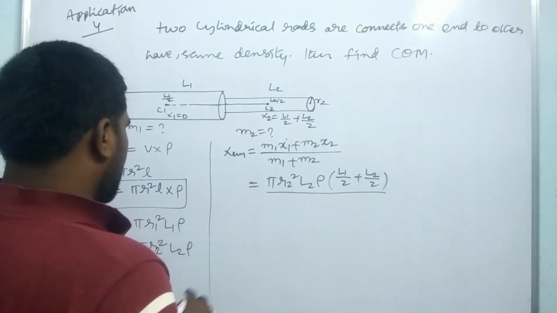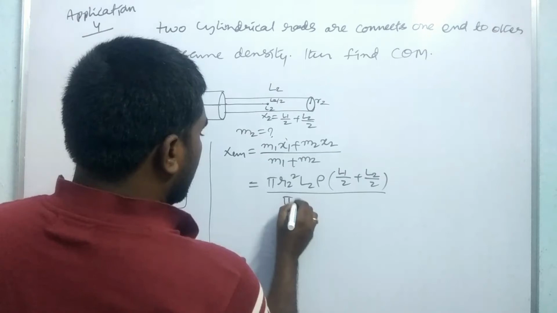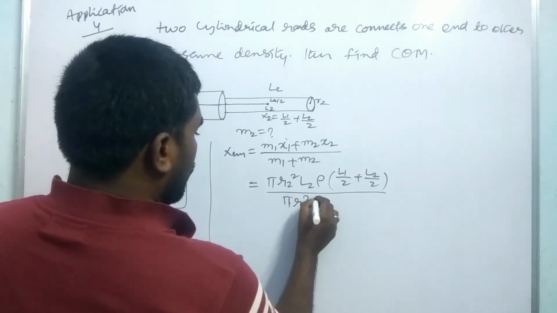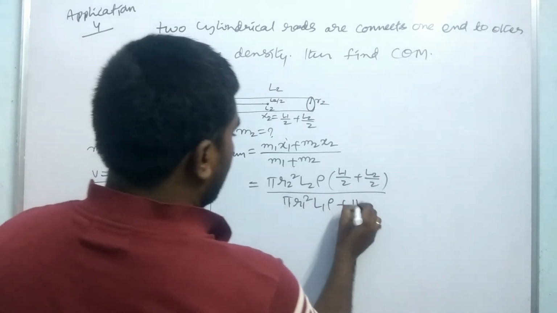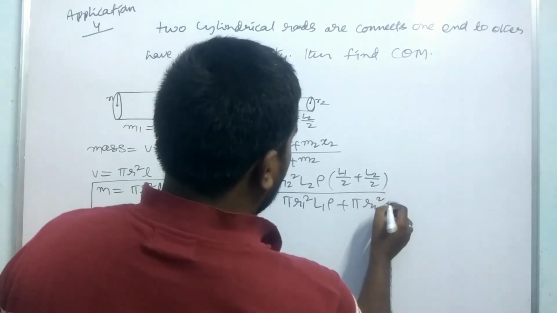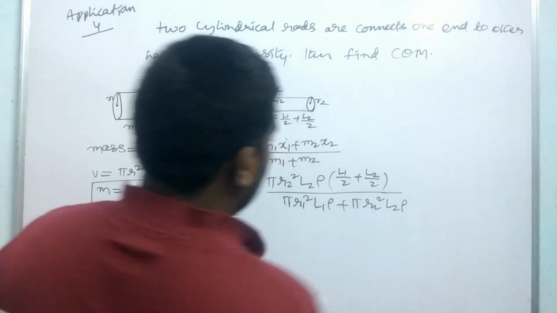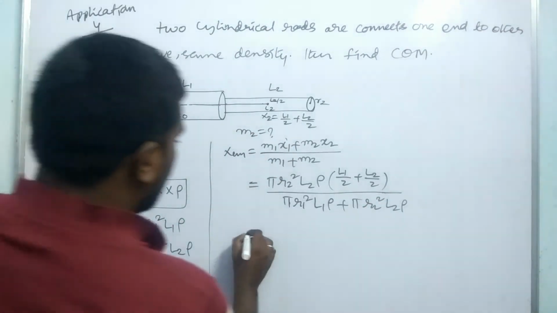What is M1 here? M1 is pi R1 square L1 rho plus pi R2 square L2 rho. So which is common here?